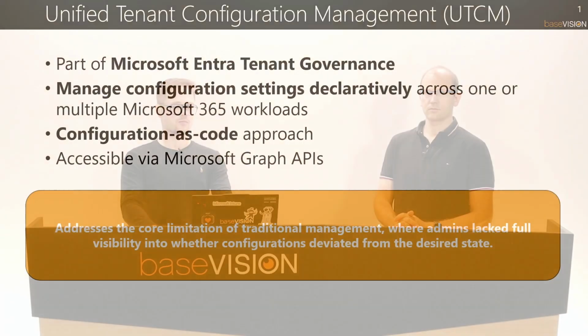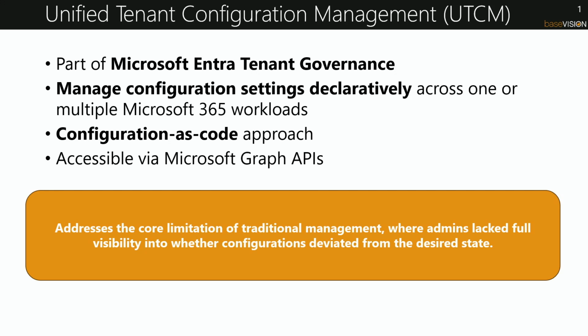Let's have a look at the features and what part of the products are included. So the whole product is included within the Microsoft Entra tenant governance part. It manages the whole configuration settings declaratively across one or multiple M365 workloads.